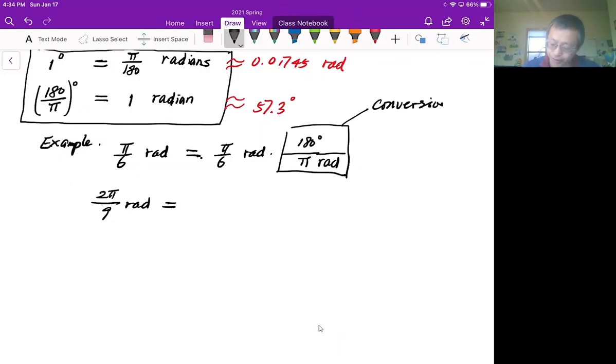A conversion factor is just equal to 1, so you multiply by 1 and you didn't change anything, but you change from one measure to the other. So the radians cancel out, the pi cancels out.